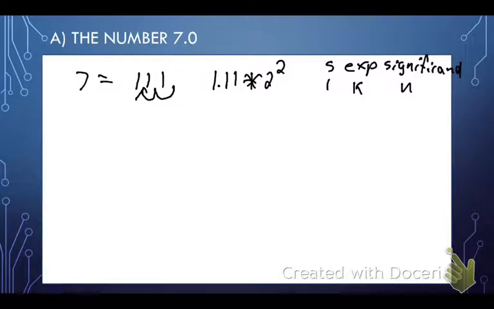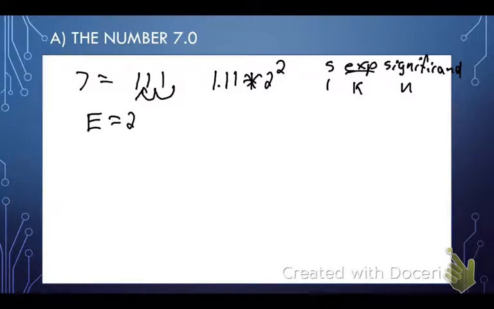Okay, so our exponent, I'll call it capital E, is going to be equal to 2.